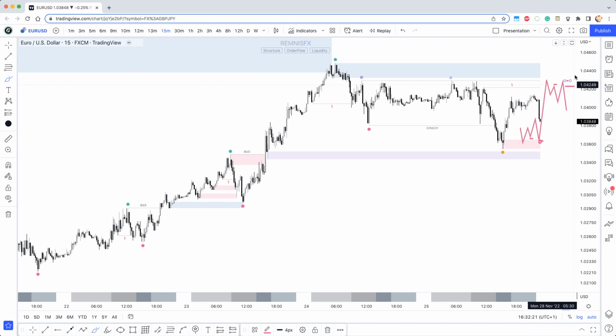If that does not happen and price continues down, then you could use this area as your valid point of interest, enter from the bottom, and put your stop loss above, because now the liquidity here is taken out. That would be a high probability entry criteria. Okay, so that will be scenario 1, so to say.